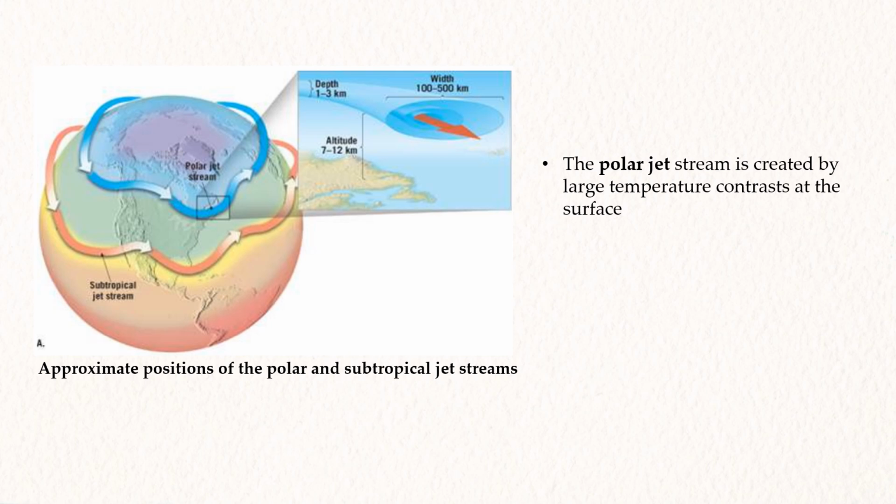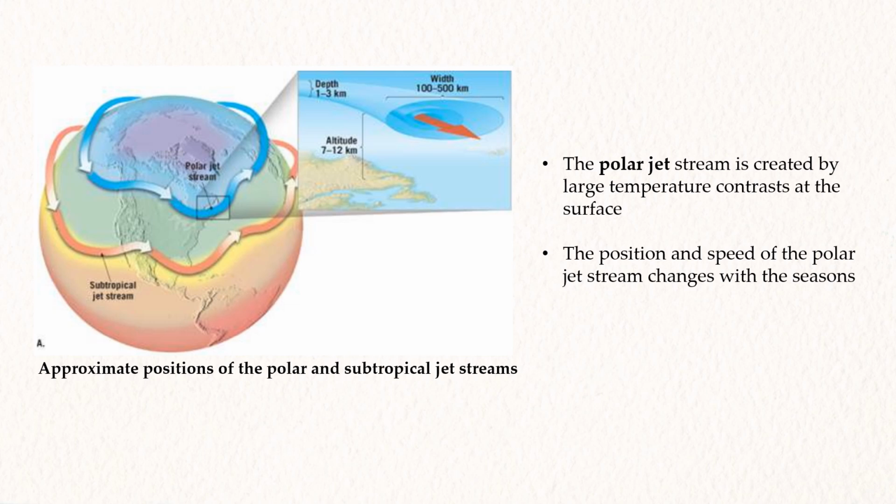So the key of the polar jet stream is the large temperature differences at the surface, which produce steep pressure gradients aloft, and therefore generate faster upper air winds. The position and speed of the polar jet stream change with the seasons, obviously because of the temperature changes.